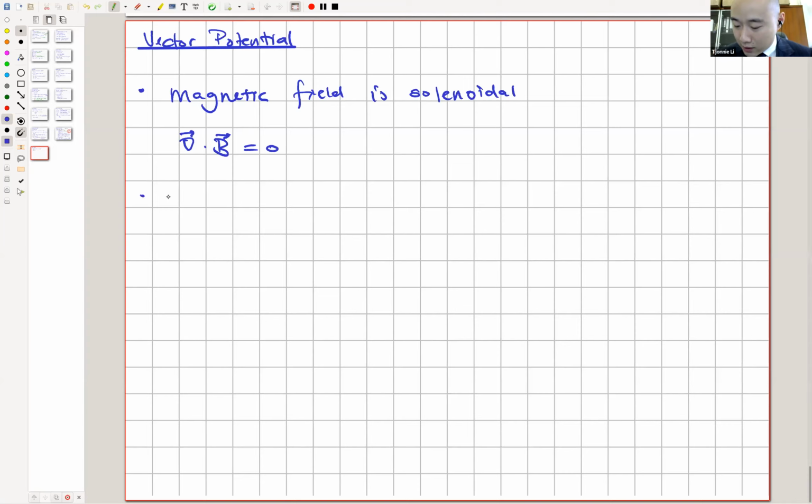We also know that the divergence of a curl of some A equals 0.